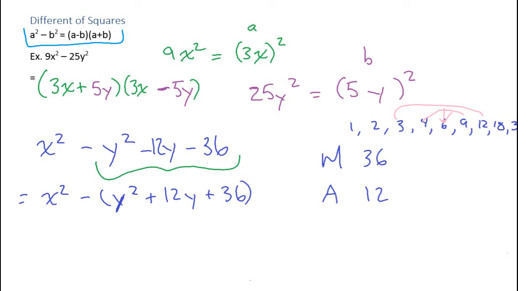So we found what we're looking for. The numbers are 6 and 6. Okay, so I see I have the same binomial twice. Oh, and I accidentally changed those y's to x's for no reason.